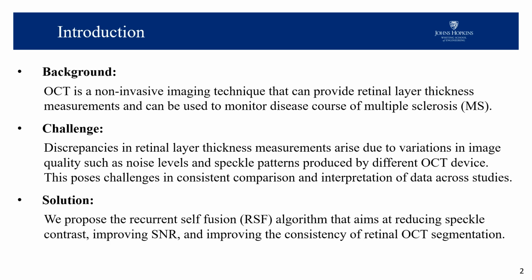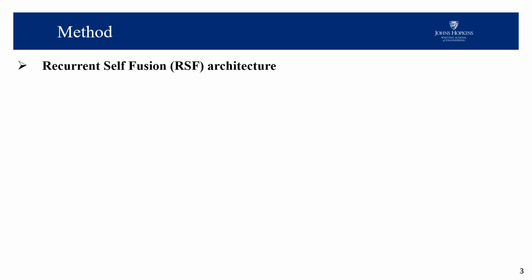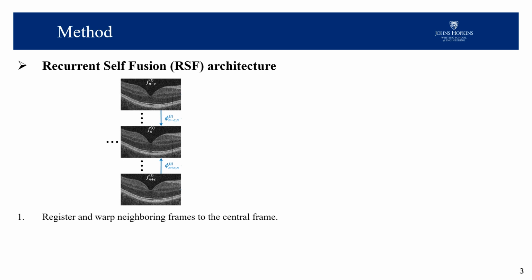Therefore, we propose the recurrent cell fusion algorithm that aims at reducing speckle contrast, improving SNR, and improving the consistency of retinal OCT segmentation. In recurrent cell fusion, the input is an OCT volume that consists of multiple B scans at different cross-sections on the retina.